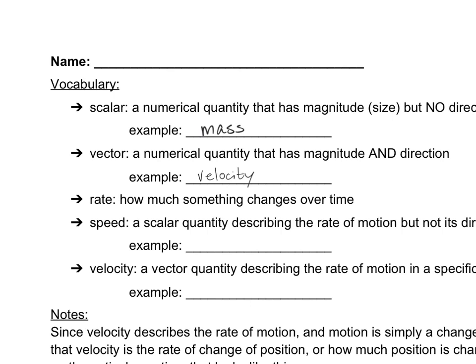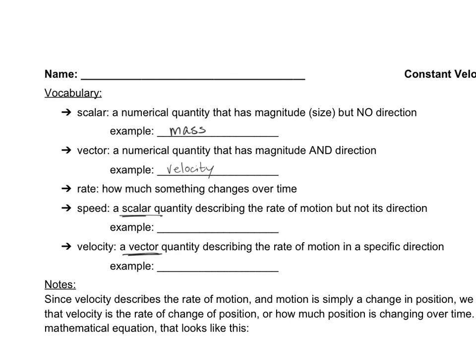Next up is the difference between speed and velocity. Speed is a scalar quantity, whereas velocity is a vector quantity. You get speed is scalar, velocity is vector. Easy to remember because they have the same first letter. If speed is a scalar, that means it's a numerical quantity with a magnitude or size, but no direction. Speed describes how fast something is going, but not in a specific direction.